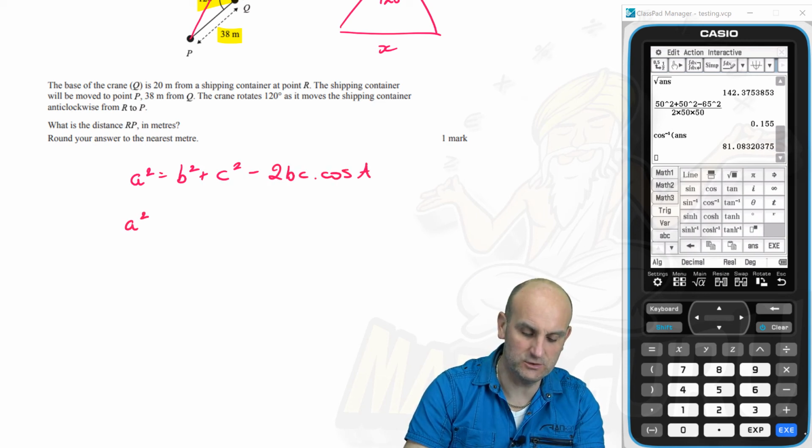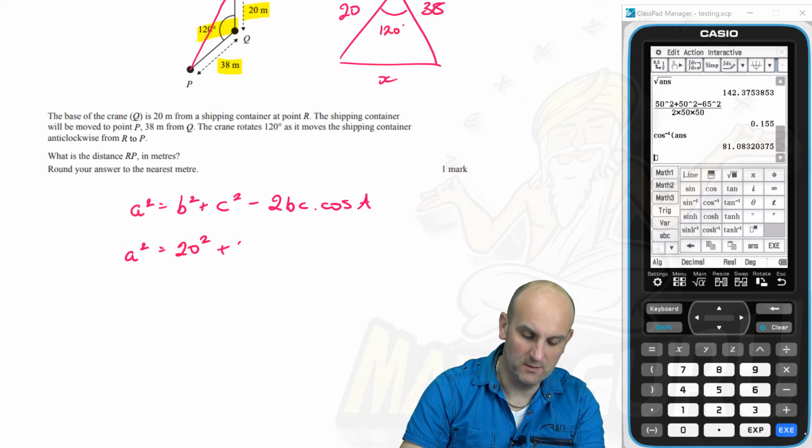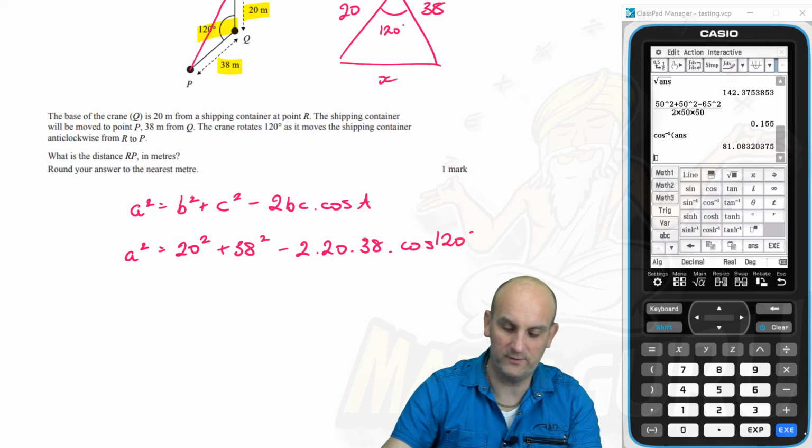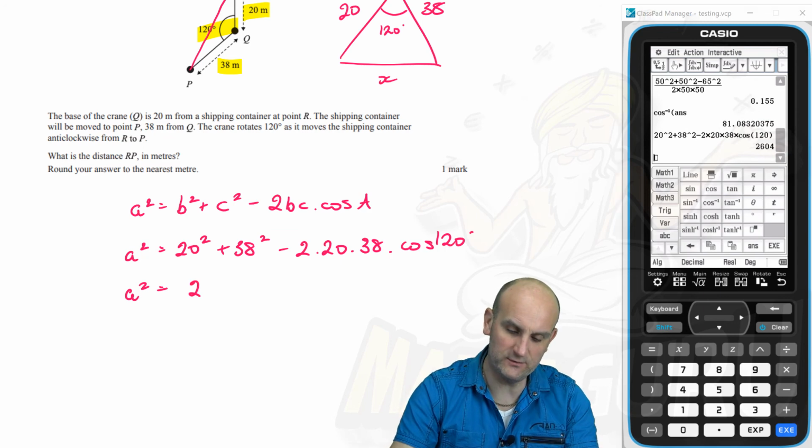Formula, substitute, gives me, oh, I've taken the question off the screen. So it's 20 squared plus 38 squared minus 2 times 20 times 38 times the cosine of the angle of 120 degrees. So A squared is going to be 20 squared plus 38 squared minus 2 times 20 times 38 times the cosine of 120, close the bracket, hit enter, and we get 2,604.